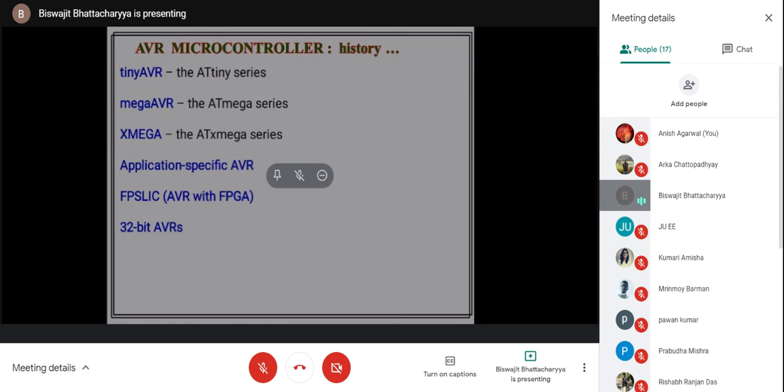Atmel has sold it to Microchip, so the owner of the AVR microcontroller is now Microchip. Now there are different versions of AVR microcontroller available. Today I don't want to discuss them. Tomorrow I want to take a class and I'll start discussing our AVR microcontroller, its features and all these things.